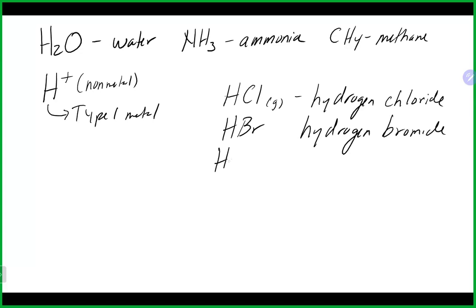If you had H2S, this would be known as hydrogen sulfide. So you can see that even though we may have 2 hydrogens involved in that last one, and even though technically it's a nonmetal, we do not use a prefix with it. We name it more like a type 1 metal.